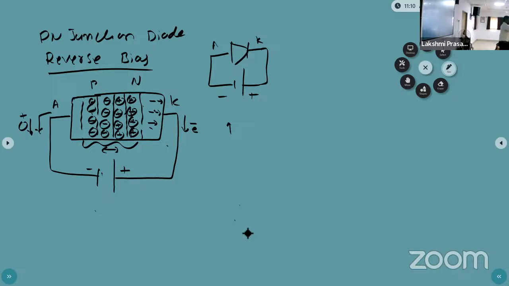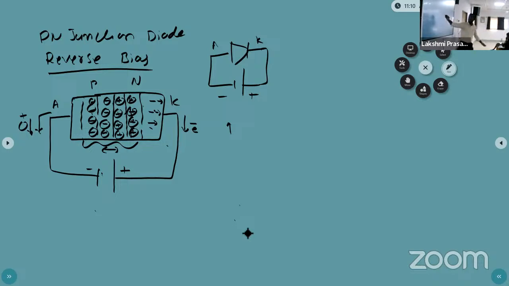If the covalent bonds have one electron, two electrons. Now if the covalent bonds are damaged due to the temperature increase, the covalent bonds will break. Due to breaking of those covalent bonds, free electron-hole pairs are generated.